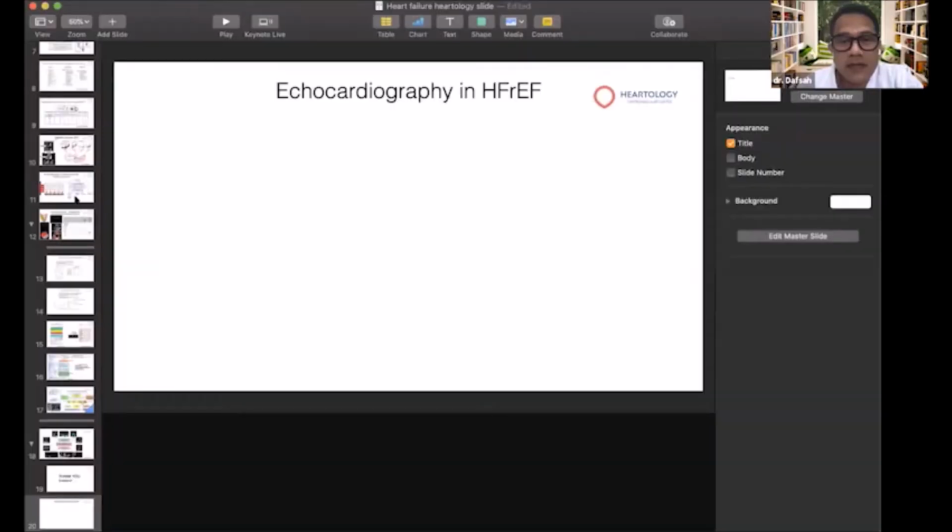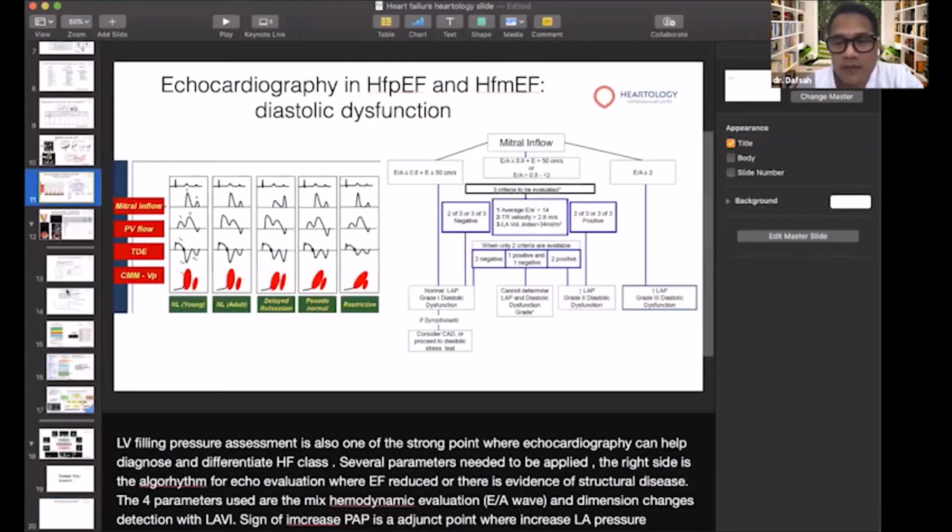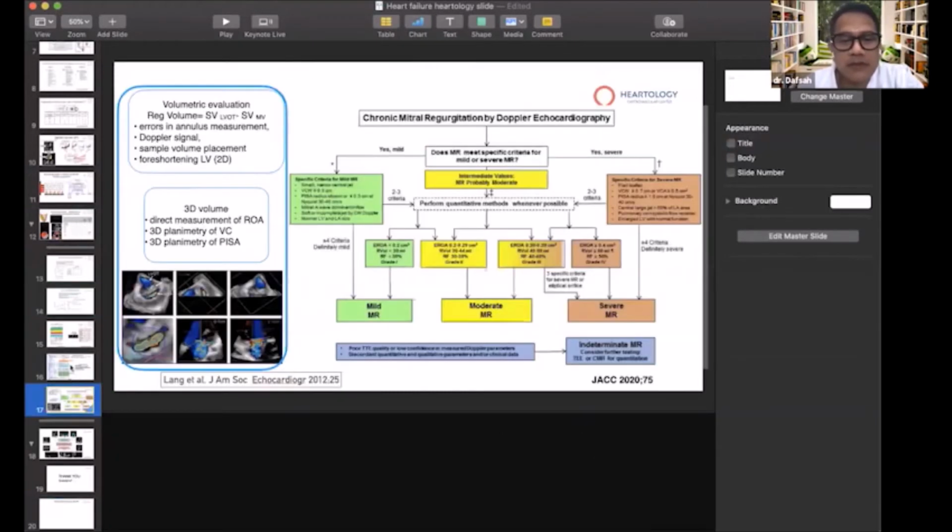In one of the slides, there is a mention of NT-proBNP for diagnosis. We know NT-proBNP, of course, has a diagnostic and also a prognostic value.